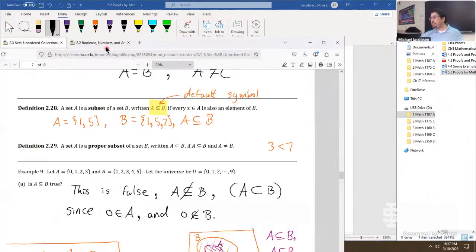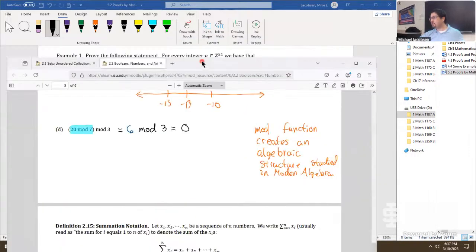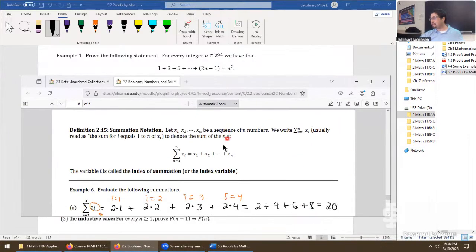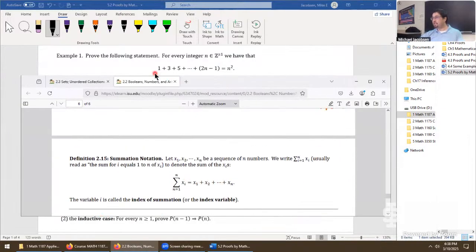If we wanted to, though, we could include an extra level of abstraction here. Go back to section 2.2, this is like week 1, and use summation notation. Instead of saying 1 plus 3 plus 5 all the way up to 2n minus 1, you can really compactify our work, focus on the necessary elements, and write it out this way, x_i. So summation from i equals 1 to something, x_i. The x_i would be this right here.